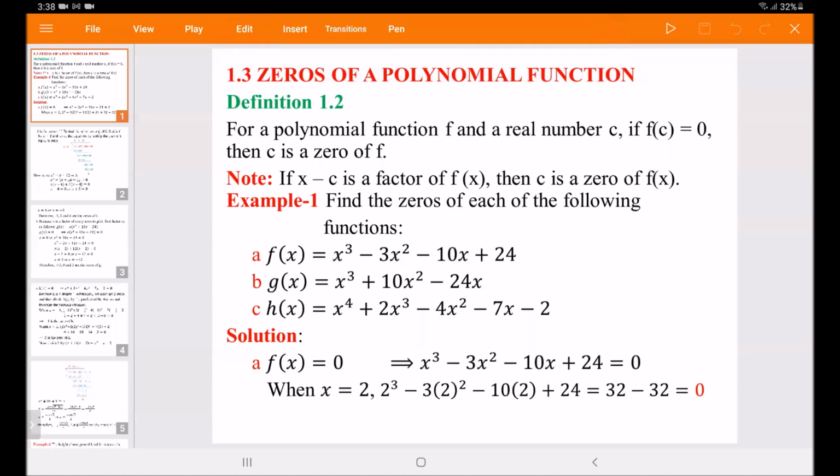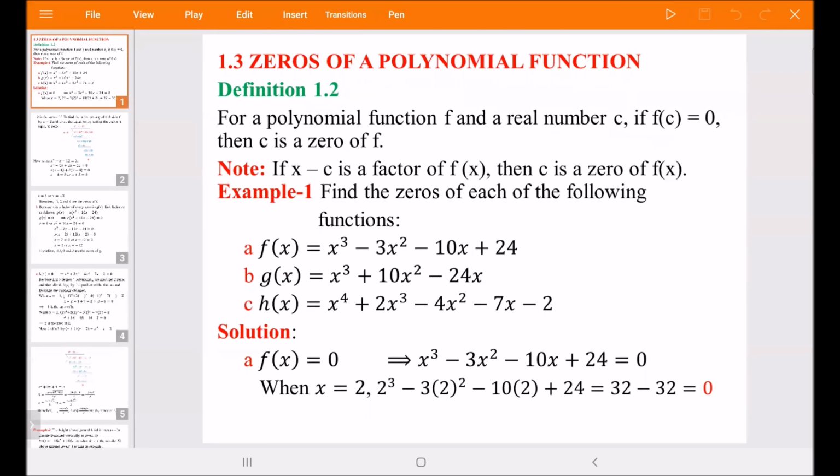So for irrational zeros of a polynomial, we will consider the location theorem, and for rational zeros, we will consider the rational root test theorem. I will go into the detail of these two theorems in our next meeting, but for the time being, now consider f of x.